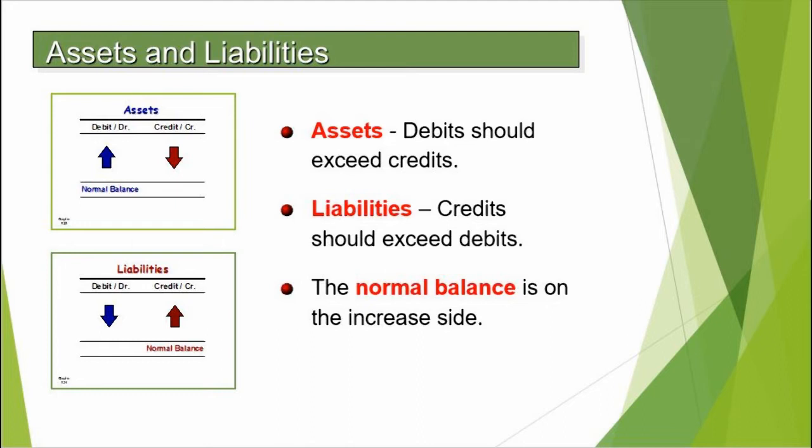The normal balance of an account is on the side where an increase in the account is recorded. Thus, asset accounts normally show a debit balance and liability accounts normally show a credit balance.